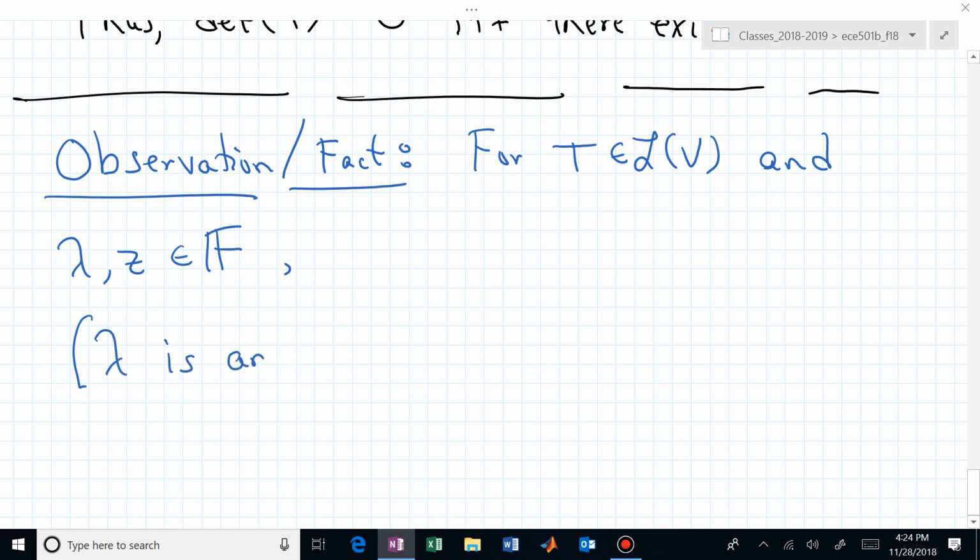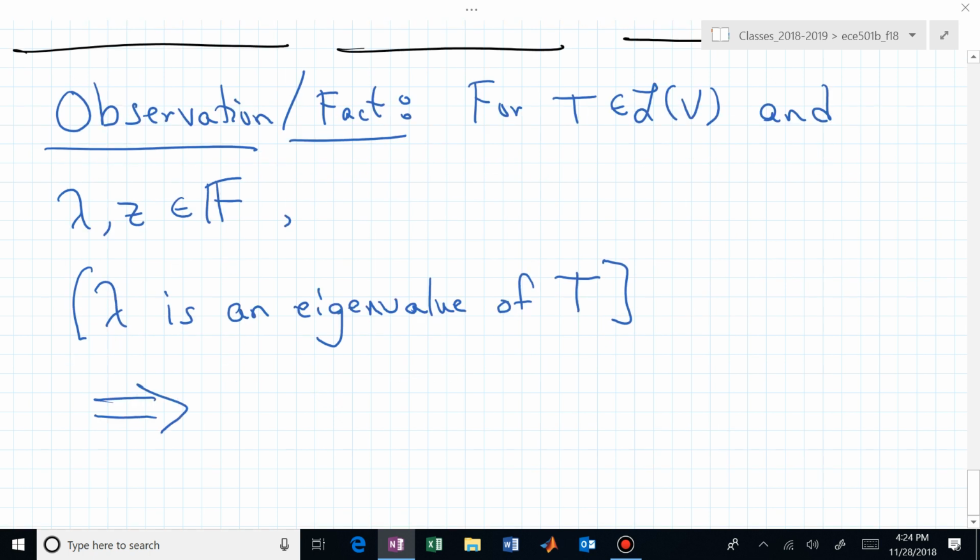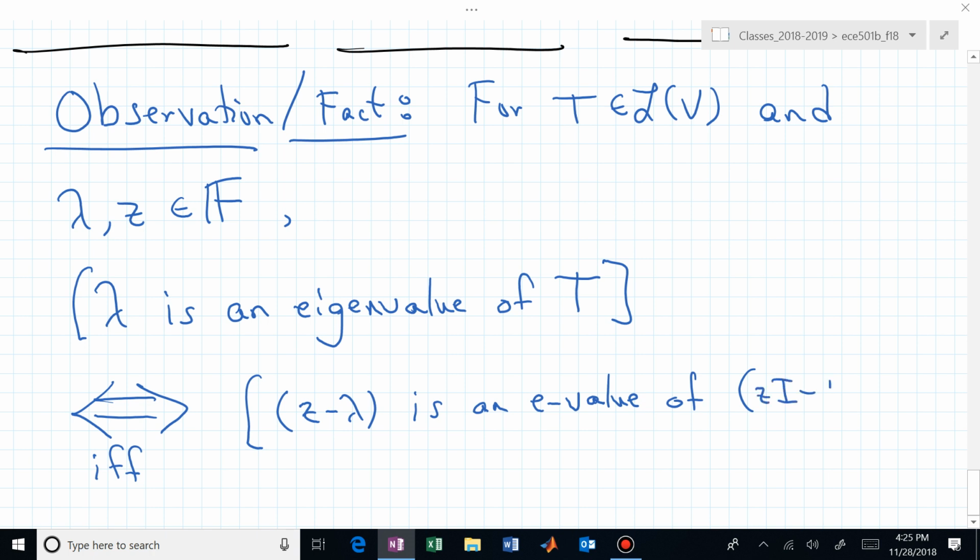Lambda is an eigenvalue of the operator T if and only if, that's a two-headed arrow, if and only if this scalar, z minus lambda, is an eigenvalue of zI minus T, that operator. Z, remember, is a scalar, and I is the identity operator.